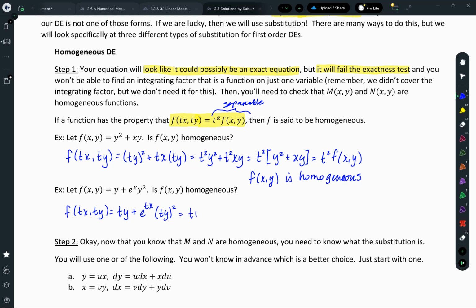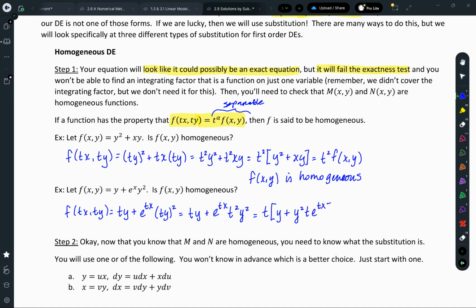It becomes ty plus e to the tx t squared y squared. And I see the only thing in common with the two terms is a t, so I factor that out. The t leaves behind, after it's factored out, a y, plus it looks like a y squared t e to the tx.